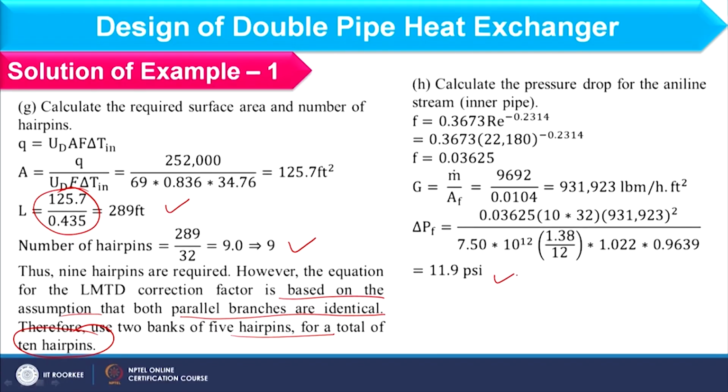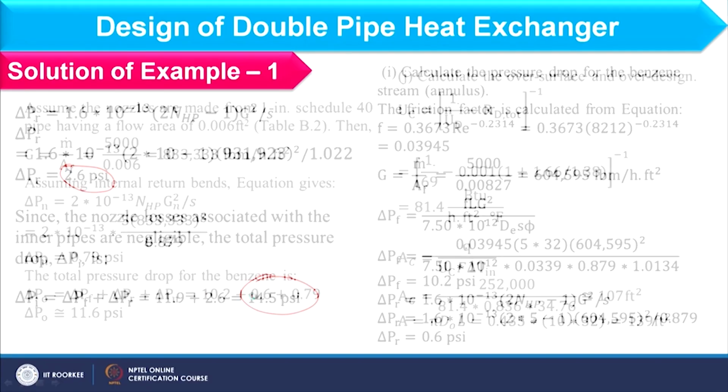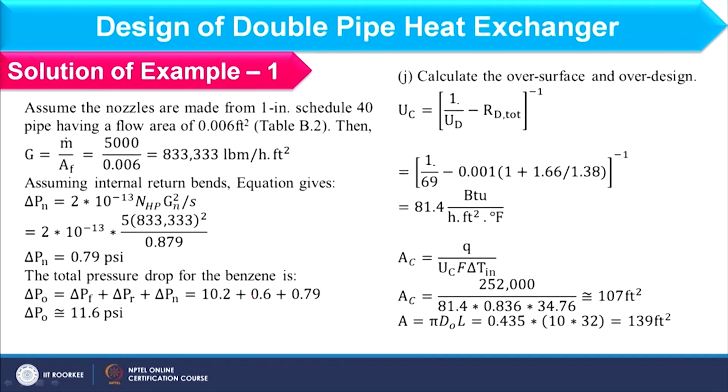So, it comes as 11.9 psi, and for reverse side or the return band, we can consider pressure drop as 2.6. So, total pressure drop in inner pipe is 14.5, and similarly we can find out the pressure drop in annular side, and that should be 11.6. So, both pressure drop are falling in a range.